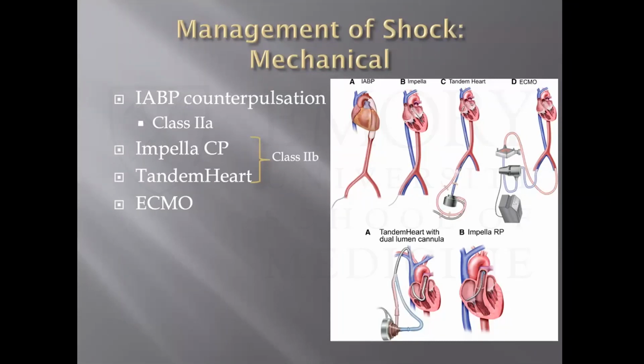Tandem heart, many of you probably haven't seen, that involves a septal puncture and rerouting blood from the LA and back into an arterial circuit. ECMO, we're seeing more and more of. And then there's also the right-sided Impella, which we'll talk about in a little bit.